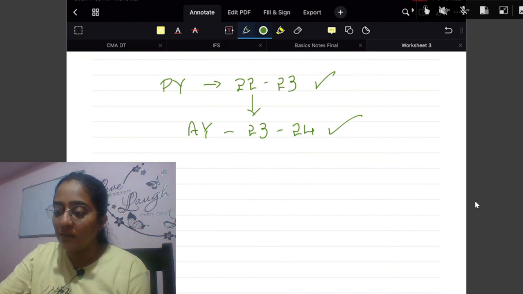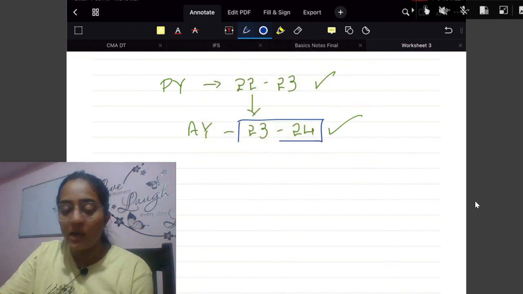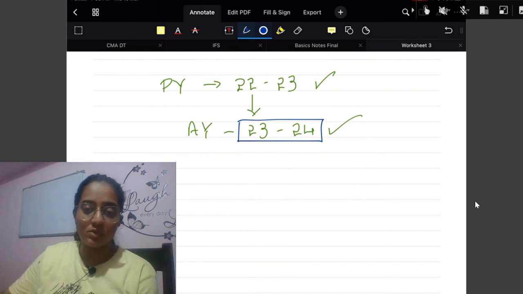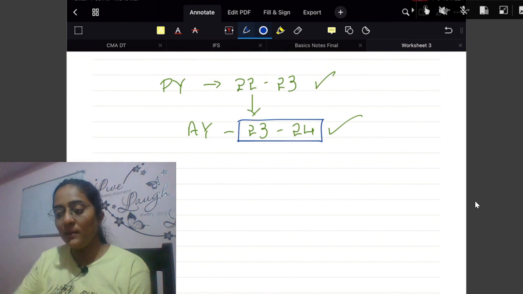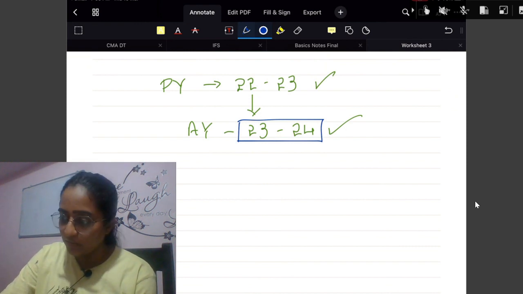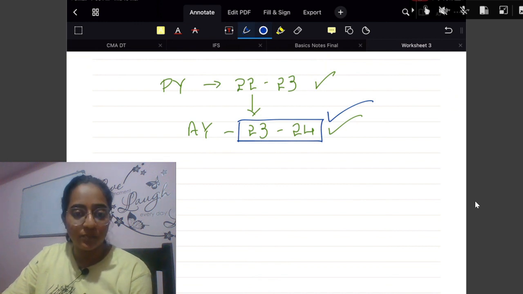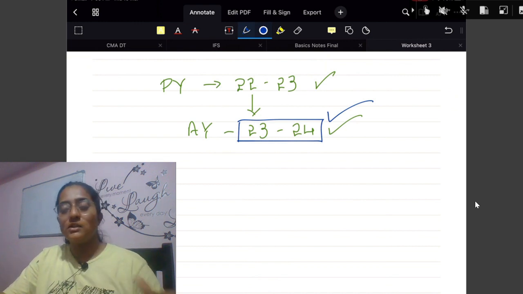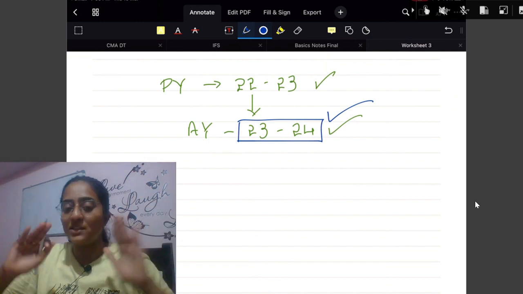This is the relevant assessment year for the exams which will be conducted in May 2023 and November 2023. People will be solving the questions with this as the assessment year. For us, very simple, the assessment year is 23-24 and the previous year is 22-23.